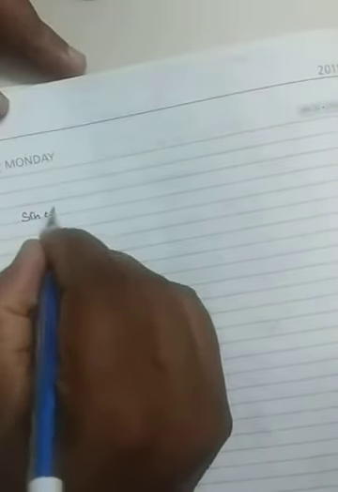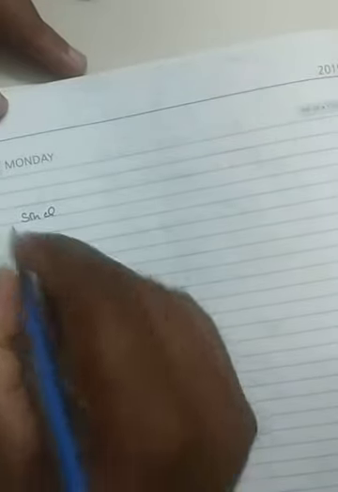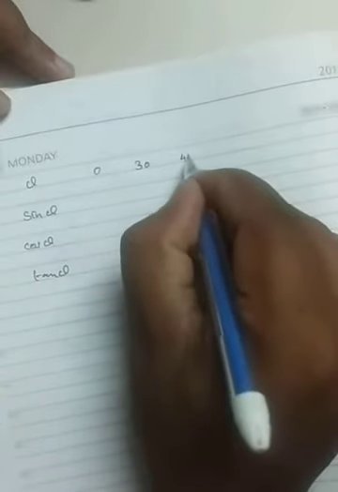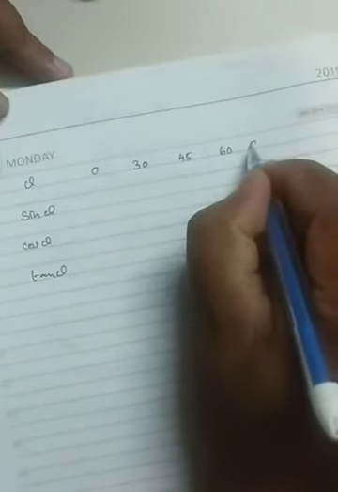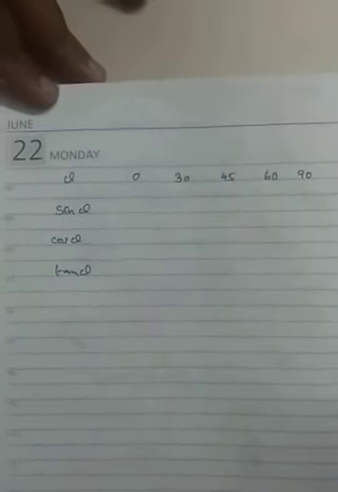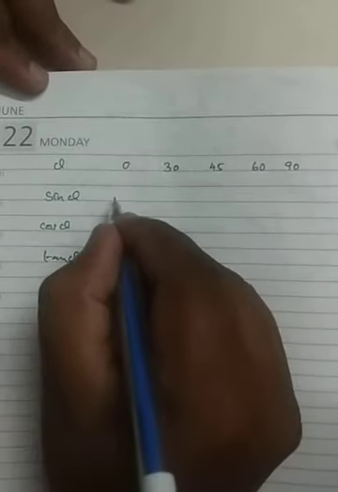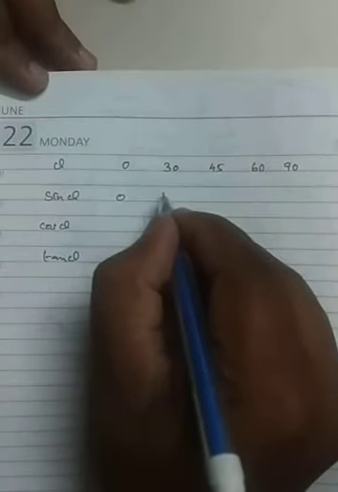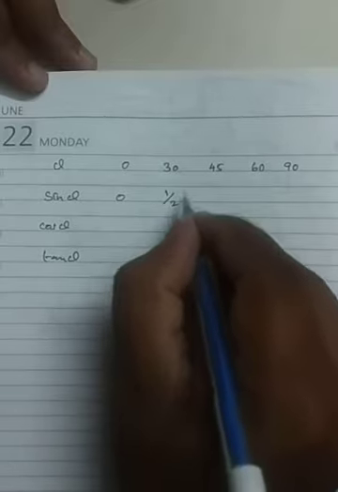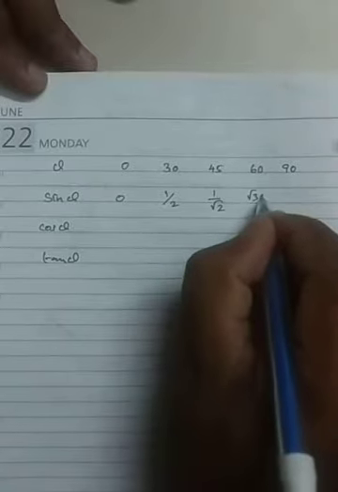Here sin theta will come, here cos theta will come, and here tan theta will come. This is very important, you write it. Here theta is 0 degree, 30 degree, 45 degree, 60 degree, and 90 degree. Sin 0 is 0, sin 30 degree is 1 by 2, sin 45 degree is 1 by root 2, sin 60 is root 3 by 2, and sin 90 is 1.